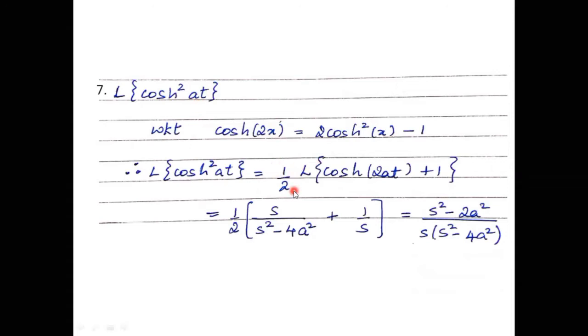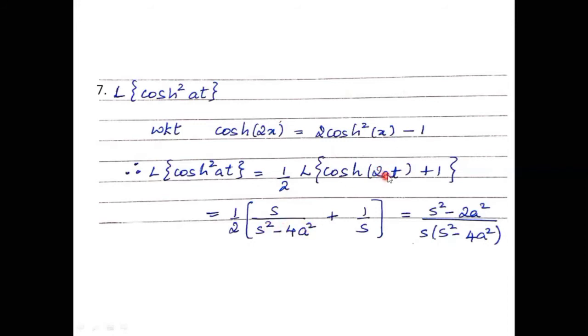I've taken half outside, Laplace transform of cosh 2at plus 1, and the whole divided by 2, I have taken that outside of the Laplace transform. So now what is the Laplace transform of cosh 2at? We know that it is s by s square minus a square.